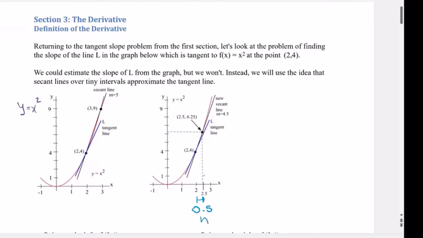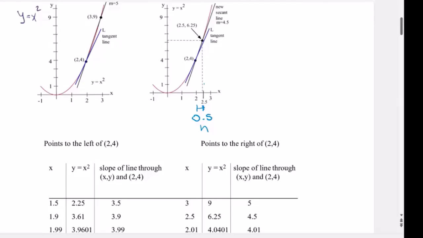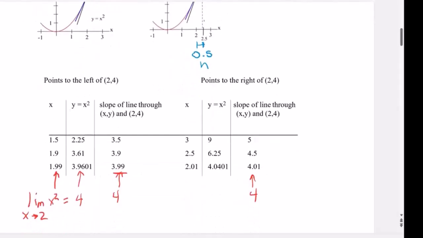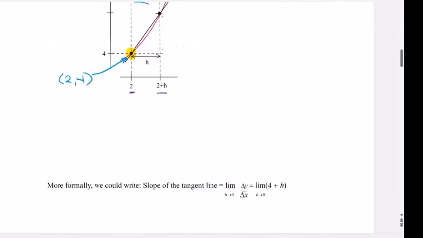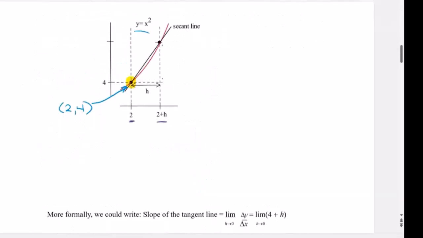But what if I wanted it to be smaller? Then I would have to keep changing the numbers, which is what we had to do in this slide. We kept putting in different numbers all the time, right? We have another way we could do it. So what we're going to do is we're going to say, well, let's pick some number where the distance between these 2 points is h, and I can make it as big or as small as I like.